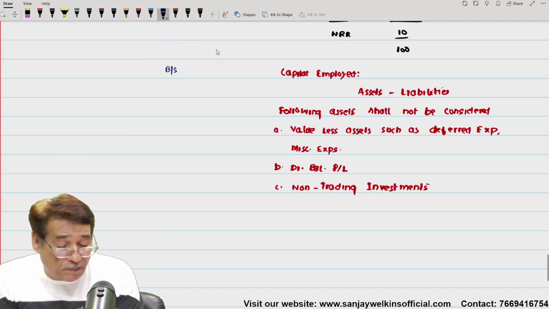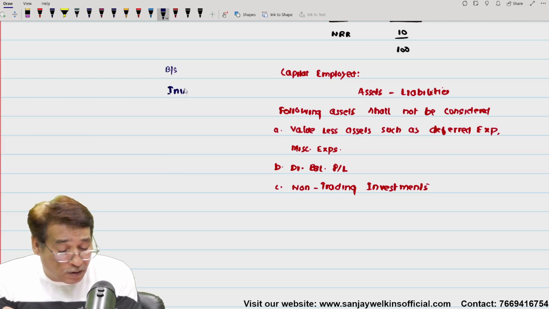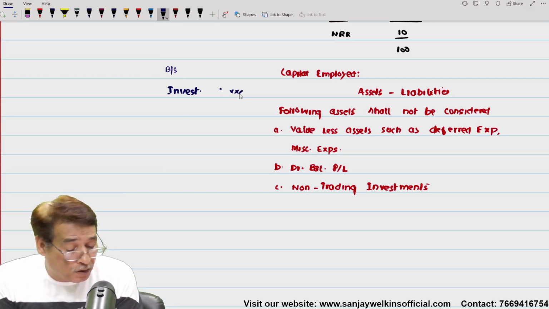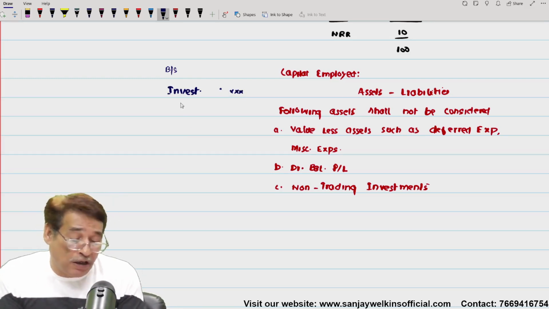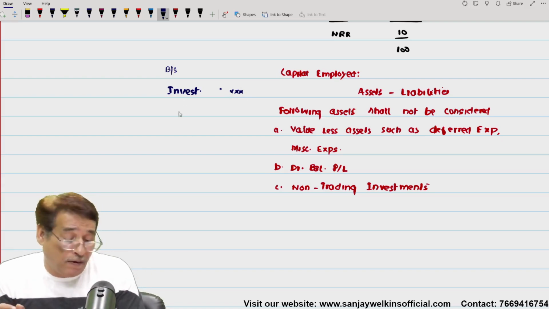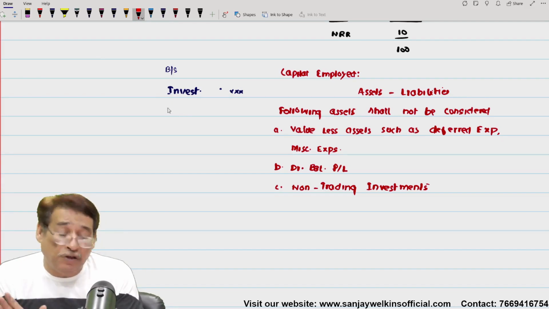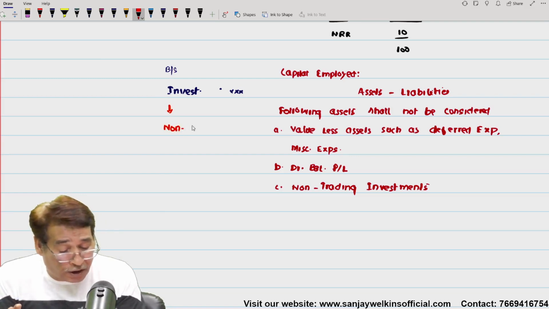And on the balance sheet, let us say the word investment is written, with any amount. Now you tell me whether this investment is trading or non-trading. Remember one thing, every investment in the balance sheet is always considered as non-trading.